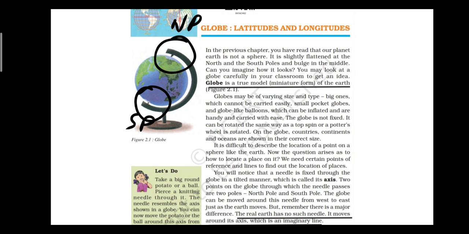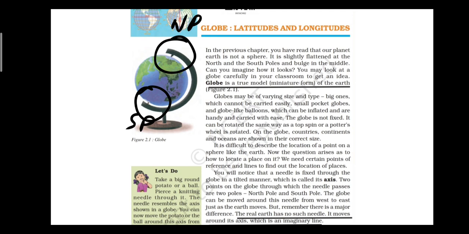Figure 2.1. So, in the previous chapter also, we have read that the Earth is not completely round. The true shape of Earth is geoid. It means that it is slightly flat from the top and bottom, but it bulges from the middle.